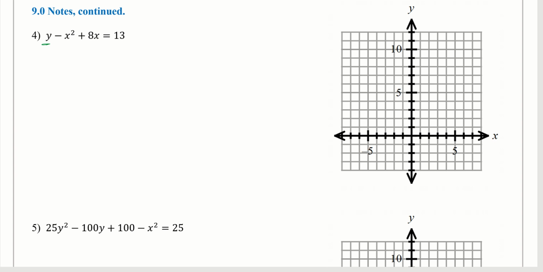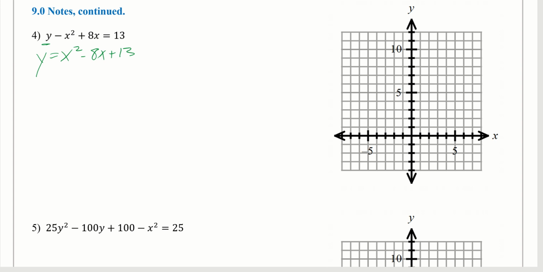Okay, so here we're going to get the y by itself. So we'll add over the other terms. So we've got y is equal to x squared minus 8x plus 13. Okay. Now it looks good like this, but we really want it in HK form. So this is a trick here.